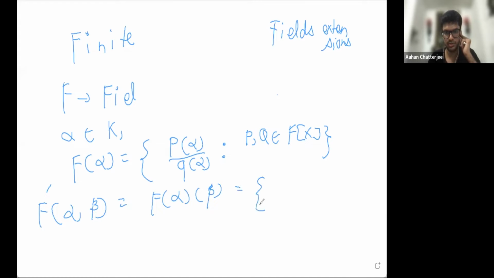So this is basically p(beta) upon q(beta), where p and q are in F(alpha)[x].